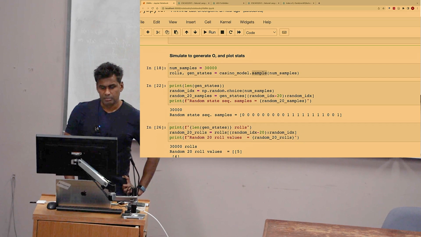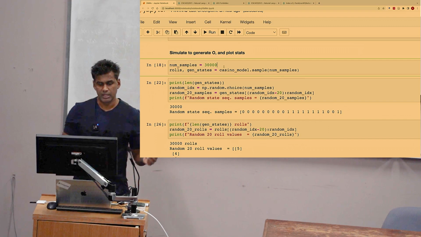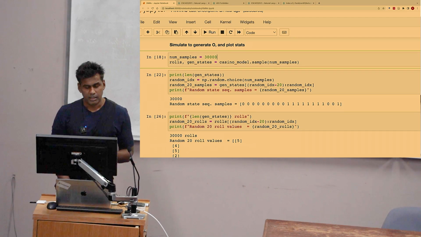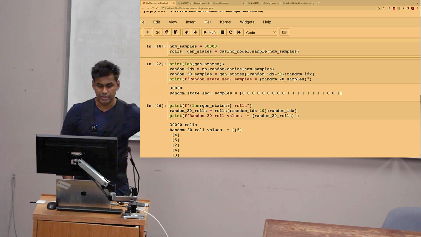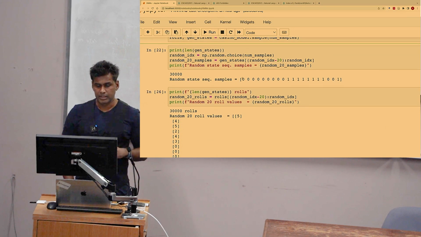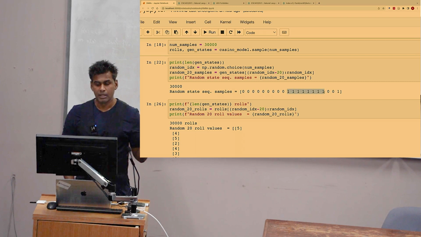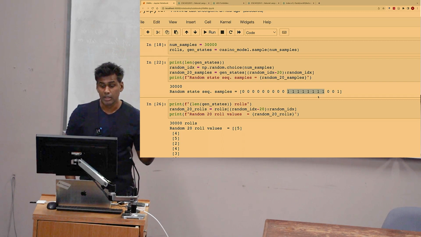Okay. So you can now use this casino model to generate lots of data. We generate 30,000 samples, and I have printed out 20 random samples, so we get the rolls and the generated states. Here you can see the generated states, where 0 signifies the fair state and 1 signifies the loaded state. As per our knowledge, when we are in the loaded state, we expect to see 5 about 50% of the time, right?